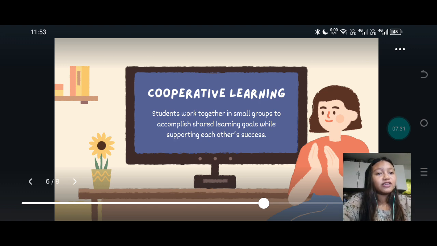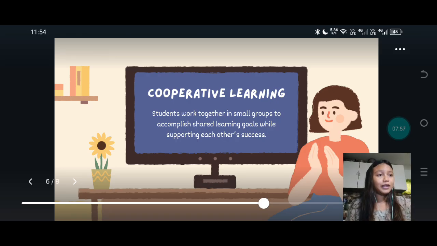Students work together in small groups to accomplish shared learning goals while supporting each other's success. So cooperative learning, from the word cooperate. Students will integrate their knowledge to one another, share ideas, brainstorm, cooperate with their peers, and they'll learn something new from each other.